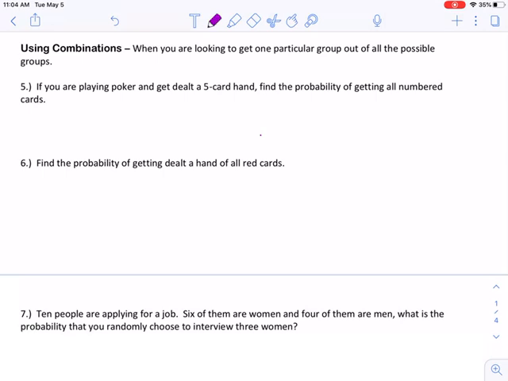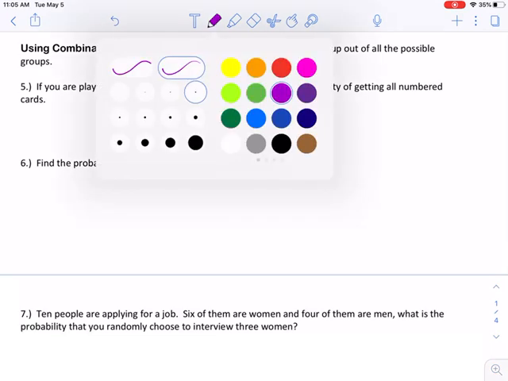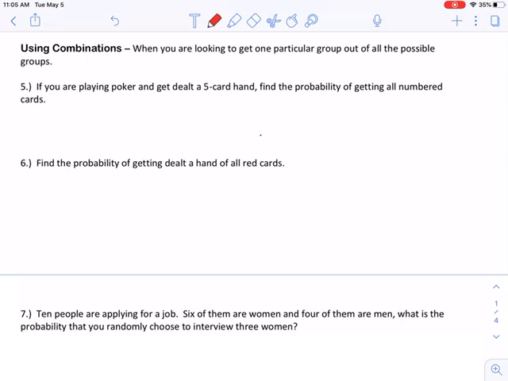For question number 5, it says if you were playing poker and get dealt a 5-card hand, find the probability of getting all numbered cards. So if I want to think about what my numbered cards are, well, I know that there are 12 face cards, and I know that there are 4 aces. So that's 16.